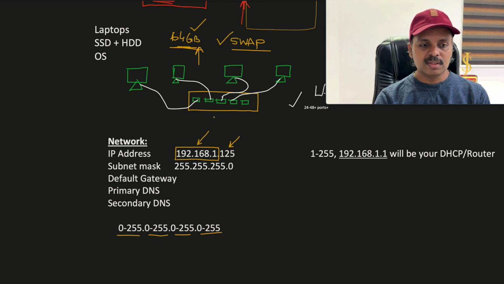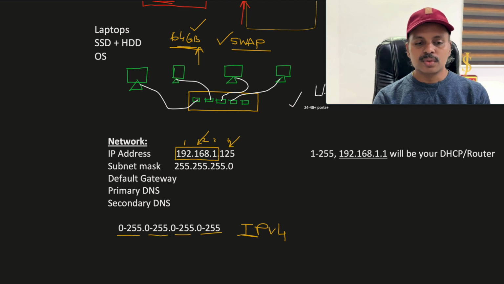Is it making sense? This is your IP address. I am talking about IPv4. IP addresses follow one of the protocols, IPv4, IP protocol version 4. So those IP addresses follow this mechanism.